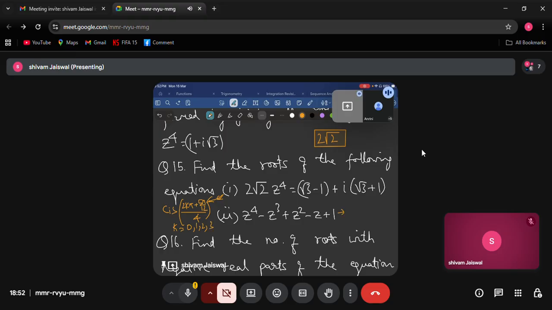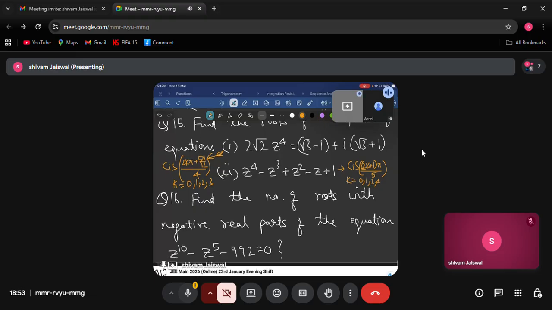And this one will be cis (2k plus 1) whole pi by 5, for k equal to 0, 1, 3, 4. Tell me, anyone having any doubt, you can ask me.